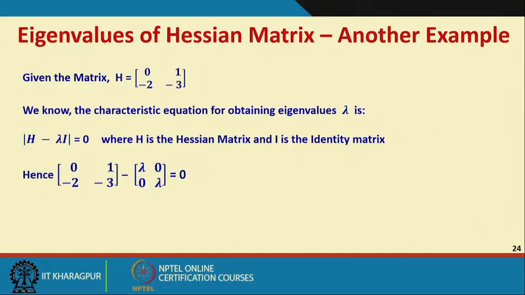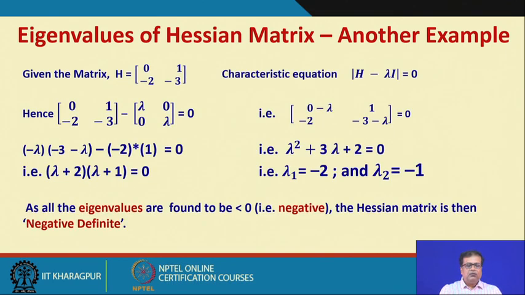Let us take another example. Suppose the Hessian matrix is 0 1 and minus 2 minus 3. So, follow the same procedure, determinant of H minus lambda I equal to 0, then we get 0 minus lambda 1, minus 2, minus 3 minus lambda. So, you get this kind of format, and when you put them into an equation, we get lambda square plus 3 lambda plus 2 equal to 0.